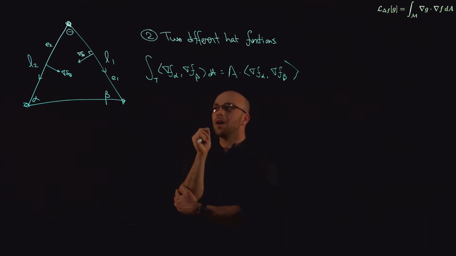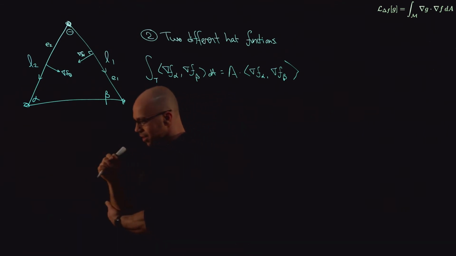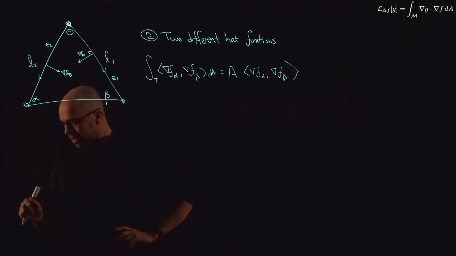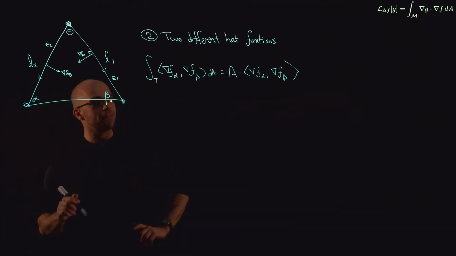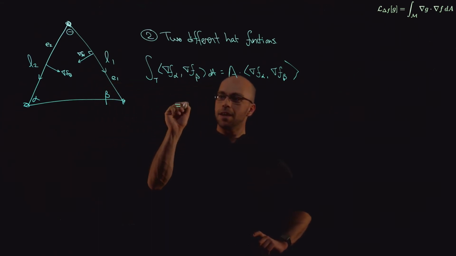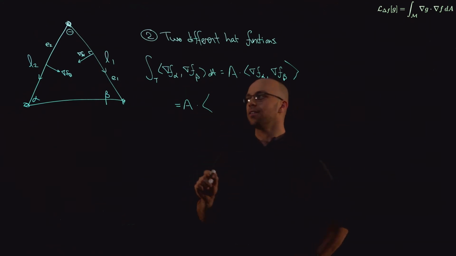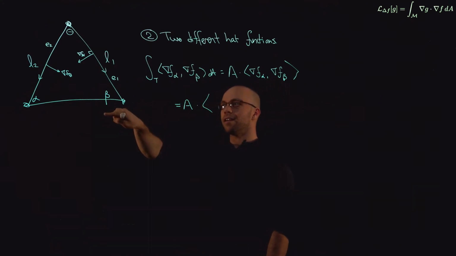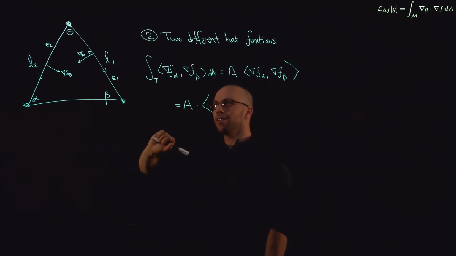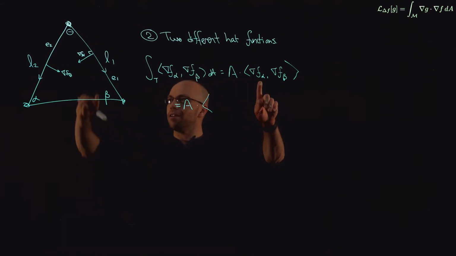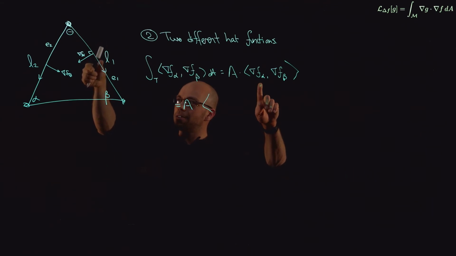Okay, then what is our gradient vector? Remember that it's the edge rotated 90 degrees counterclockwise divided by 2 times the area. So we have the area of the triangle like that. And we have to be a little bit careful with the sign here because we want them to point inside and we have a counterclockwise rotation. So the gradient of F alpha, if I rotate E1 counterclockwise, it's going to point out of the triangle.